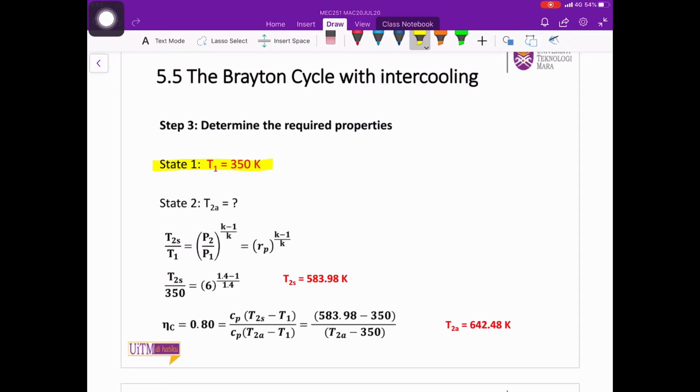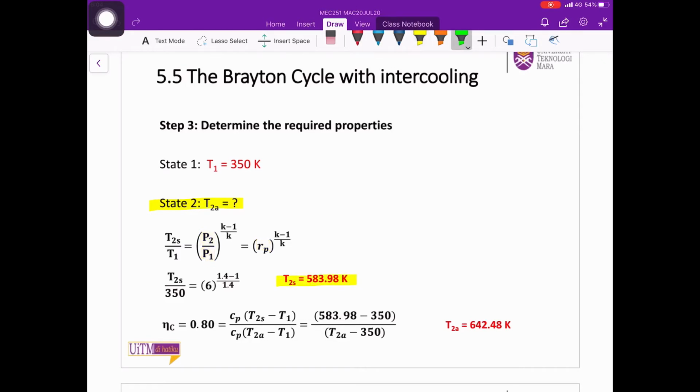For state 1, the temperature is already given from the question. T1 is equal to 350 Kelvin. For state 2, first we are going to find the temperature at state 2S by using the isentropic relation between the temperature and pressure. Note that P2 over P1 is equal to the pressure ratio Rp.